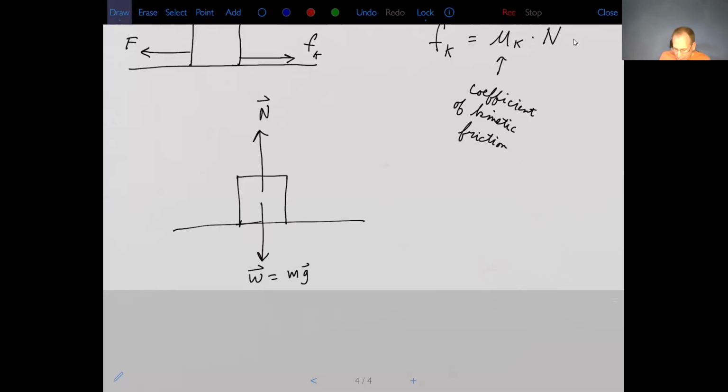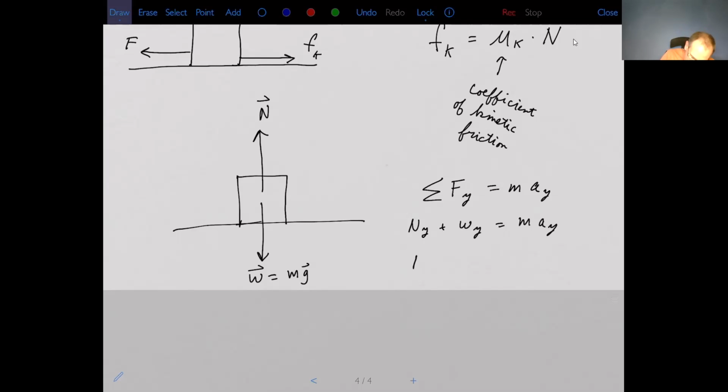And then if you applied Newton's second law to the y direction, and there could be other forces acting in the x direction, I won't draw them right now. Let's assume it's just sitting there. So the sum of the forces in the y has got to equal m a_y. So in this case, I want the y component of the normal force plus the y component of the weight. That's got to equal m a_y.